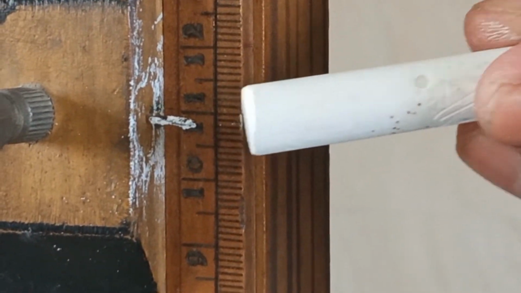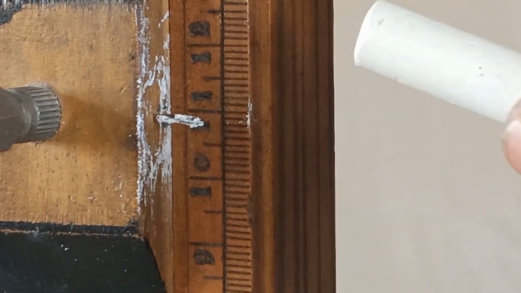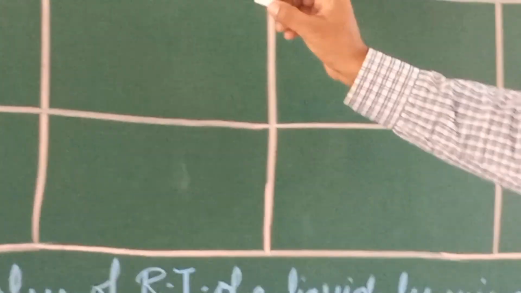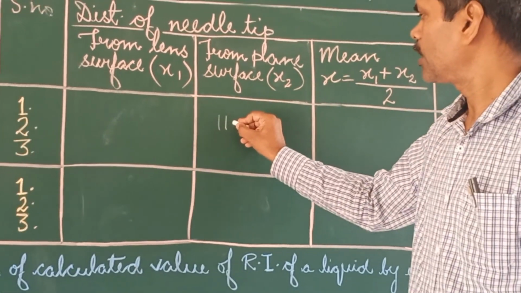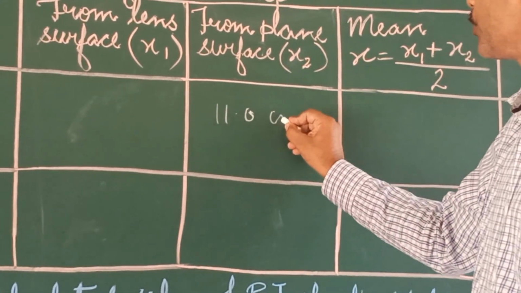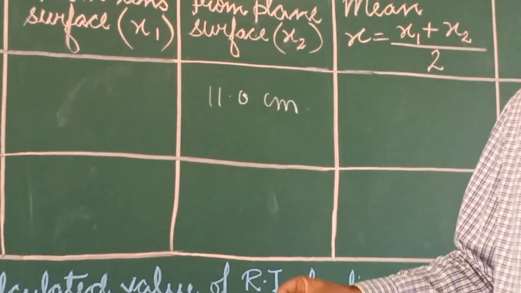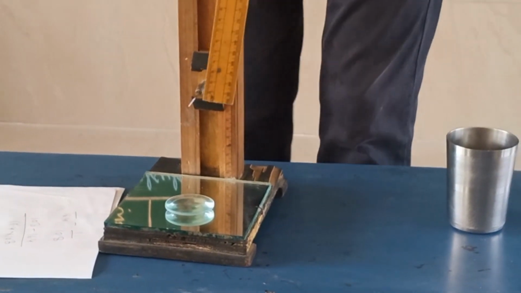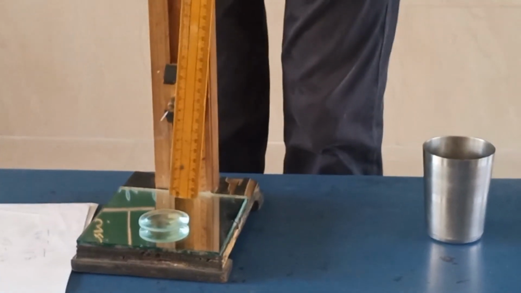Now see the reading. This is the position of the pin from the plane surface. Now I am writing. This is 11.0 centimeter. Now second, using the meter scale, find the position of the pin from the surface of the convex lens. See here.